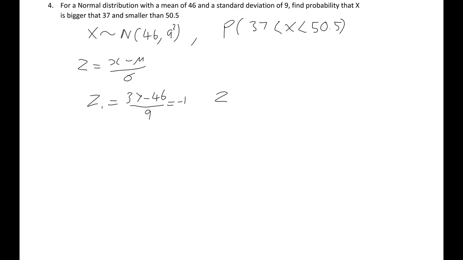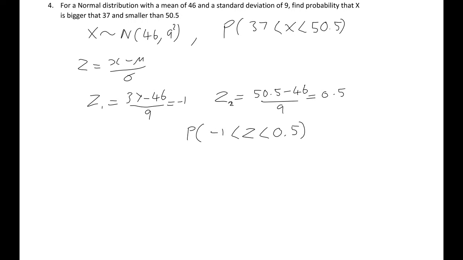Our second z value equals 50.5 minus 46 over 9, and that equals 0.5. So what we're actually dealing with is the probability that z is smaller than 0.5 and bigger than minus 1.